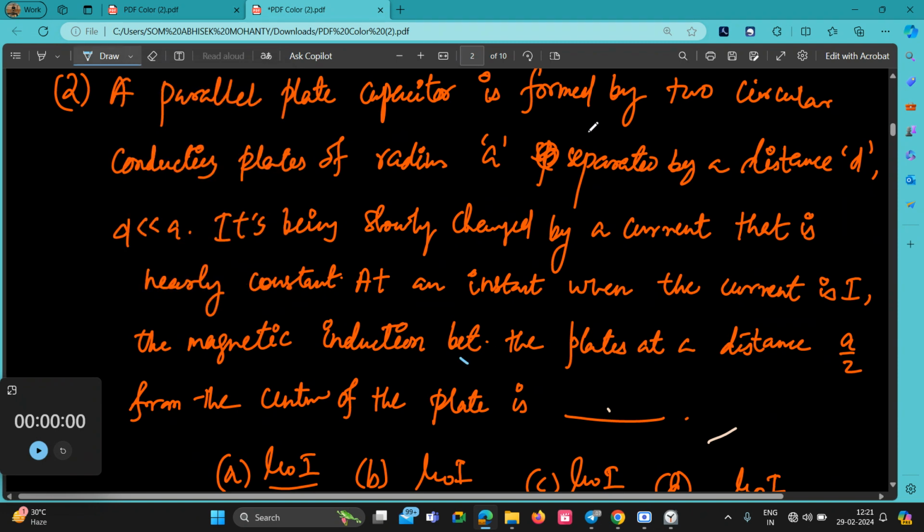See, a parallel plate capacitor formed by two circular conducting plates of radius a is very slowly charged by current that is nearly constant. At an instant when the current is I, find the magnetic induction between the plates.